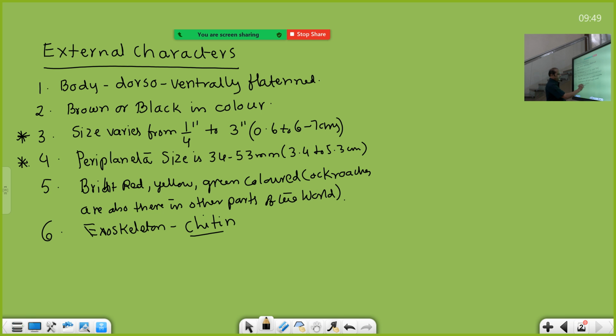This chitin is formed into chitinous plates which cover the body of the cockroach, technically named sclerites. You should underline that. What is the exoskeleton of the cockroach? Sclerites. They are nothing but chitinous plates made up of chitin, hence called sclerites.